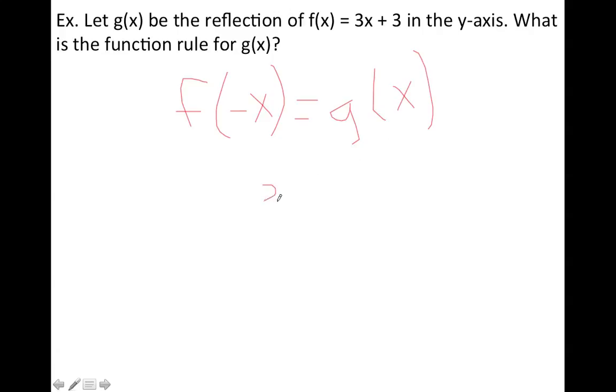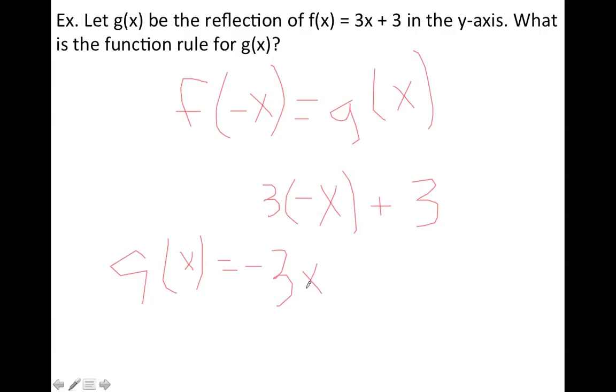So it'll be 3, I see an x, so it's going to become negative x, plus 3, since the plus 3 has no x, that stays the same. So our function g of x is 3 times negative x, which is negative 3x, and our plus 3 at the end stays the same. So it's pretty simple. Again, when reflected in the y-axis, your y values stay the same, and your x values change signs.